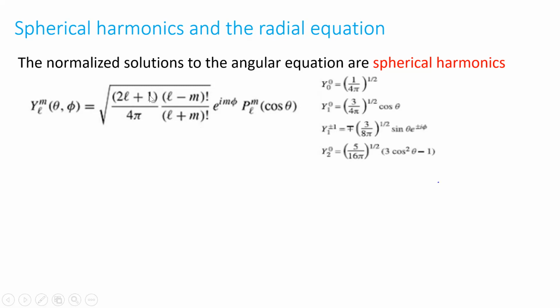We get 2 times 0 plus 1 is 1. So we just have the square root of 1 over 4 pi, or (1 over 4 pi) to the 1/2 power. So Y0,0 is a constant. It has the same value in each direction. If it was plotted, it would just be a sphere equidistant from the origin with radius (1 over 4 pi) to the 1/2.